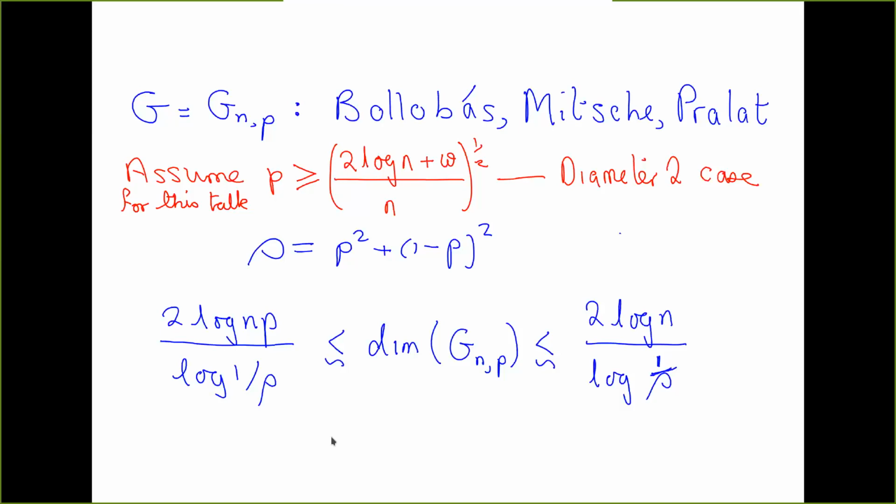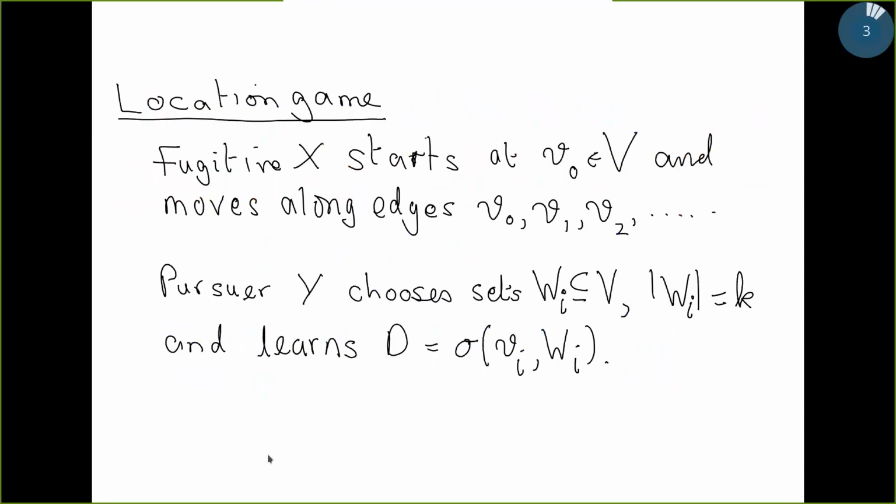So the question is now, what is the localization game? It's usually termed in cops and robbers, but I thought at the moment we don't want to talk about cops and robbers. So let's suppose we have a fugitive x, and the fugitive starts at some vertex v0 and is allowed to move along edges v0, v1, v2.